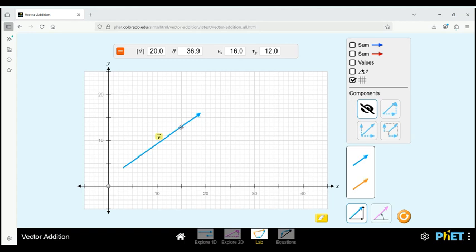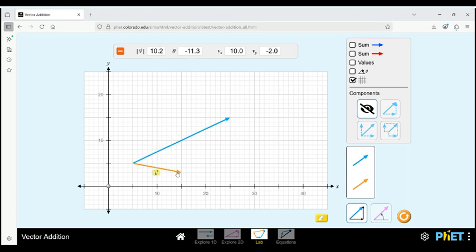One of the important lessons we learned earlier is that when you add vectors, as long as they start in the same place and end in the same place, they are equal to one another. So I've got this vector that's labeled as v. I could take a couple of orange vectors and start them in the same spot.